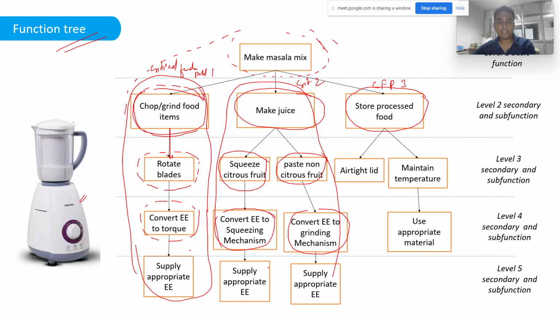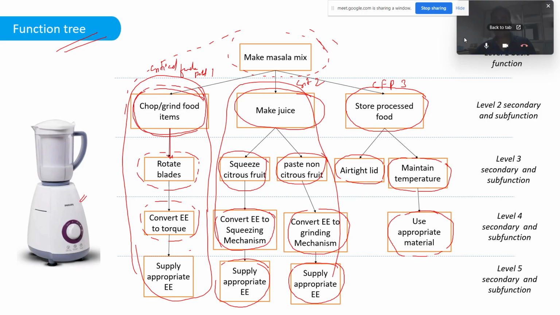At the base level, all the inputs are the same, what we call the assumed input. Similarly, for storing, we think there should be an airtight lid, and we maintain the temperature so that the food doesn't get spoiled, and use appropriate material so that it doesn't spoil because of the material properties.